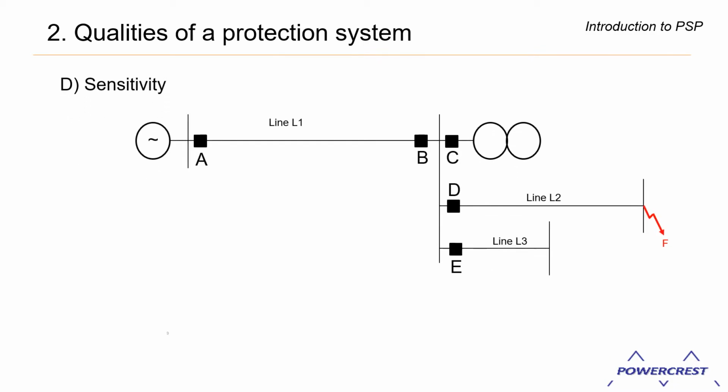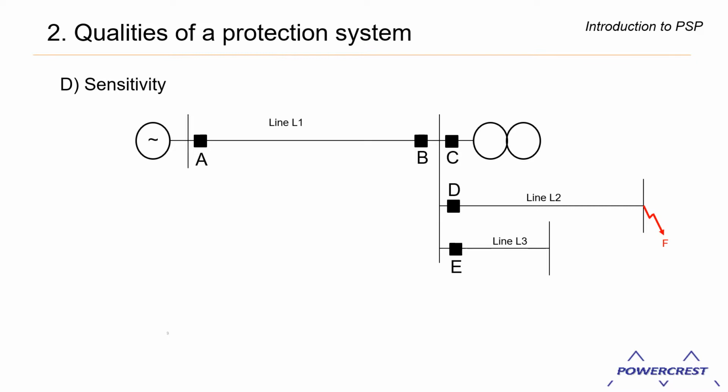So let's look at our system again. We have a fault at point F over here at the end of line L2, right? We would like the breaker at A to detect that fault as well, so that in the event of D not operating, the circuit breaker at A can then isolate that fault.